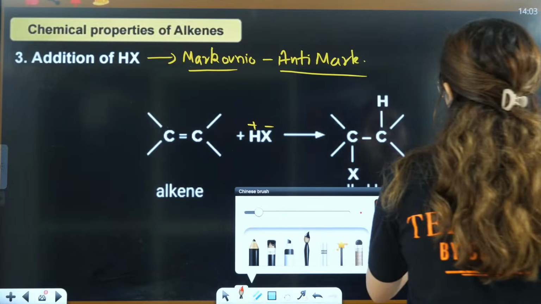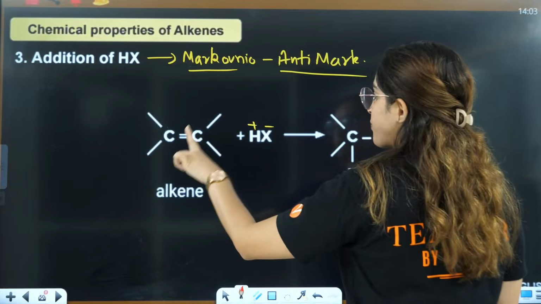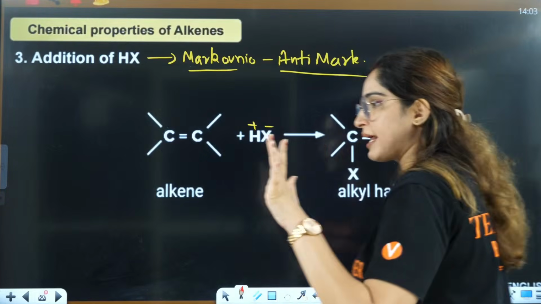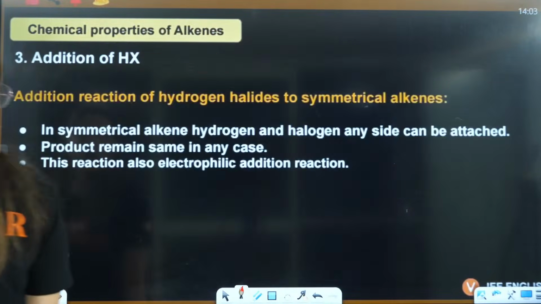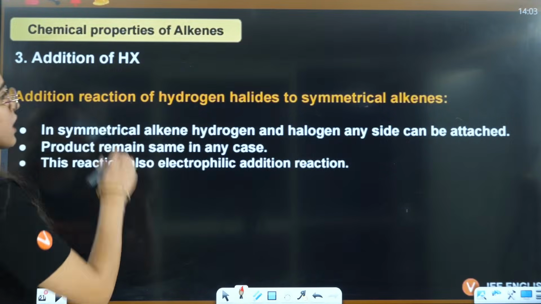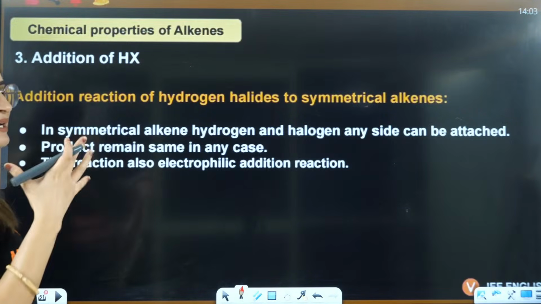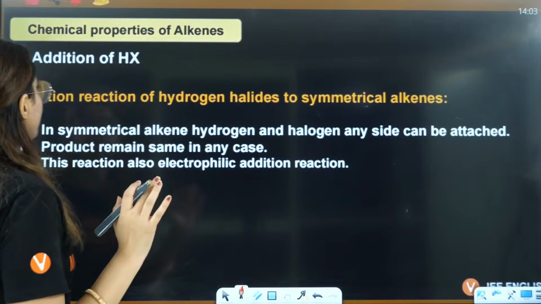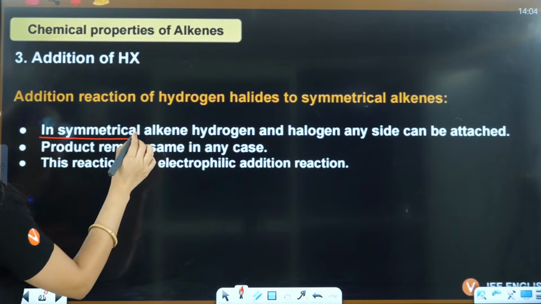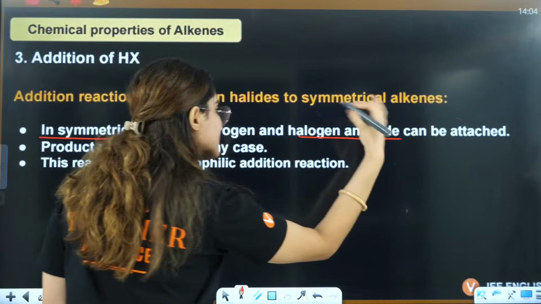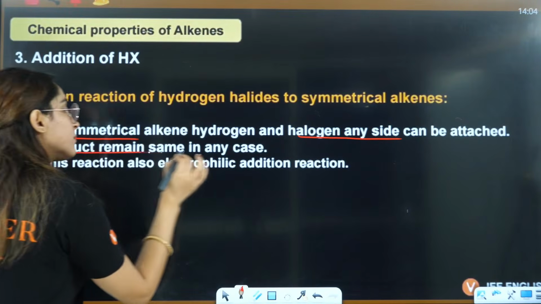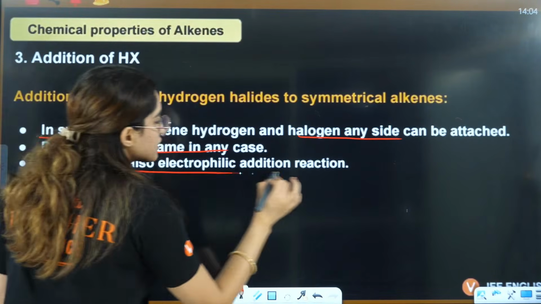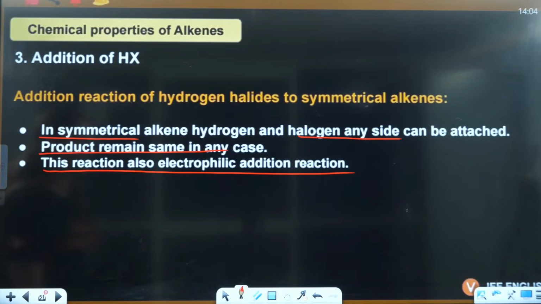So here the pi bond will break, H positive will be attached, X negative will be attached, but the question is, ma'am, how it will be attached? When it is a symmetrical alkene, then there is no problem. In a symmetrical alkene, hydrogen and halogen can be attached on any side, the product remains the same. This reaction is an electrophilic addition reaction.